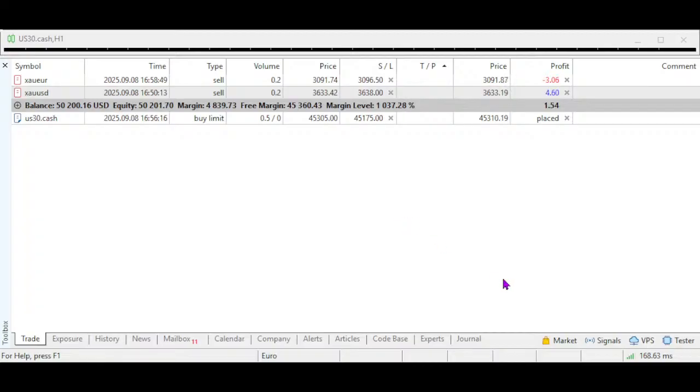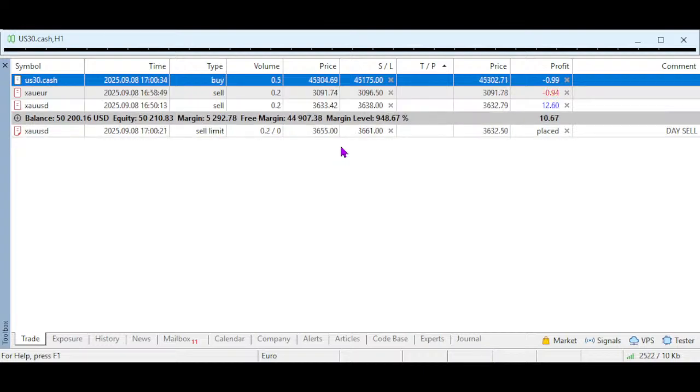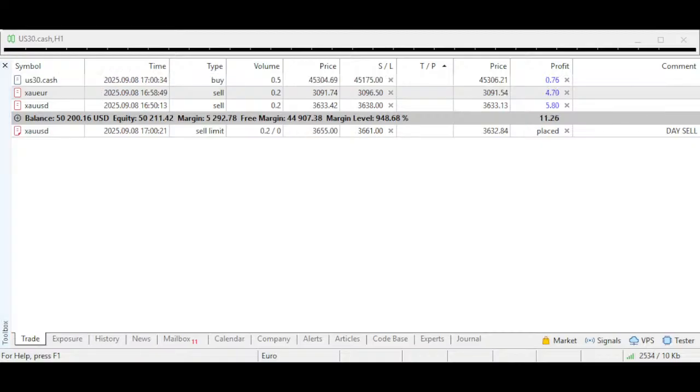And this is a day sell, because the target for today we are expecting is 36, 50, 55, not beyond that. Now the time has finished. As I said, we should be able to see the weakness. Now the Dow is also filled. So now let's manage this trade and see how it progresses.